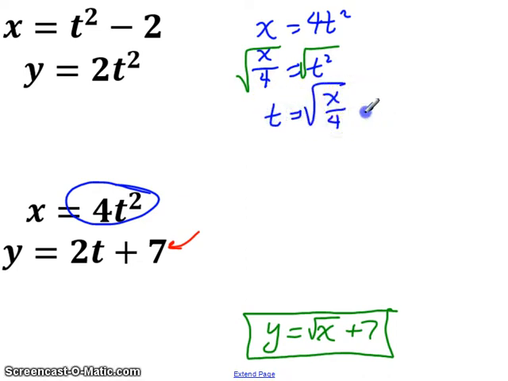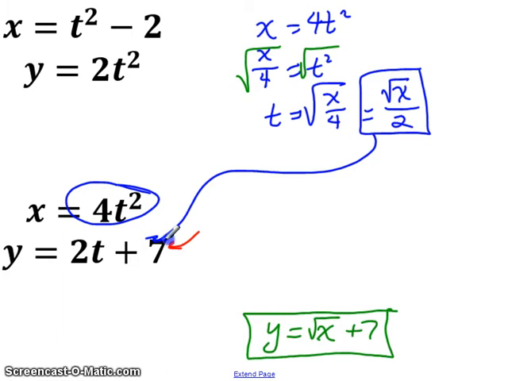Take the square root of both sides, and that's going to give us t equals the square root of x over 4. Now again, remember that if you have the square root of a fraction, we can think of that as the square root of the numerator divided by the square root of the denominator. And so we'll leave the square root with the x. The square root of 4 on the bottom here gives us 2. And so we have the expression now that t is equal to this.